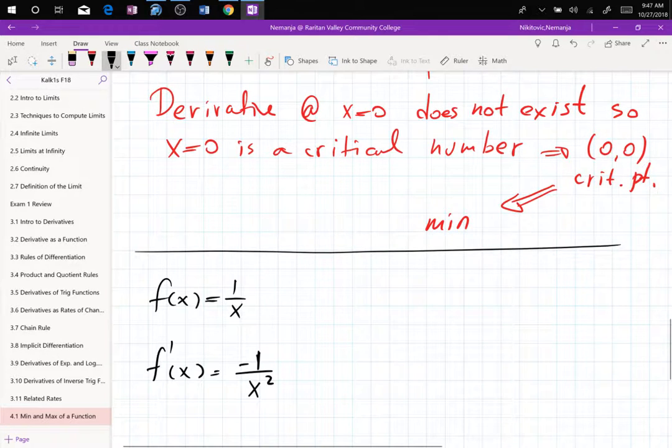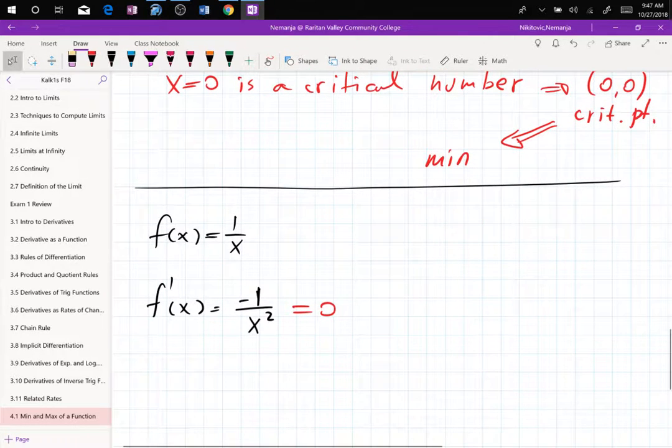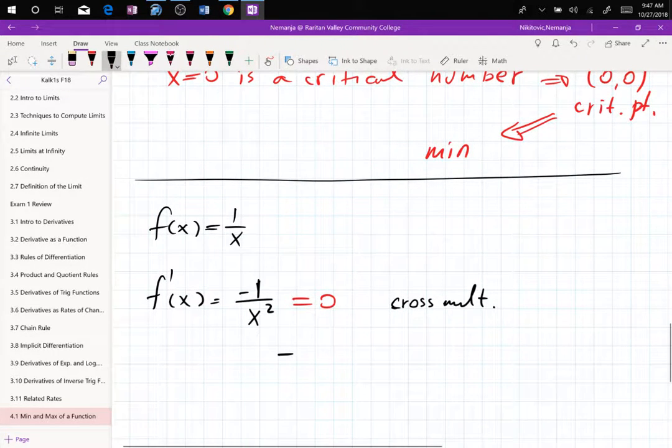And when you set this equal to 0 and cross multiply, what do you get? You get negative 1 equals 0, which is false, because the x squared, when you cross multiply, multiplies into 0 and dies. A statement like this means no critical points.